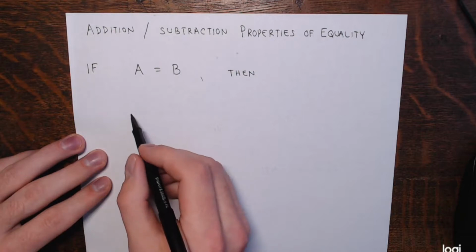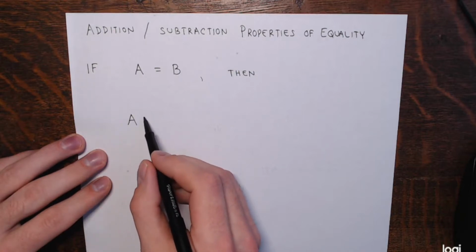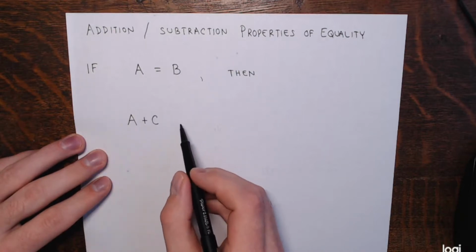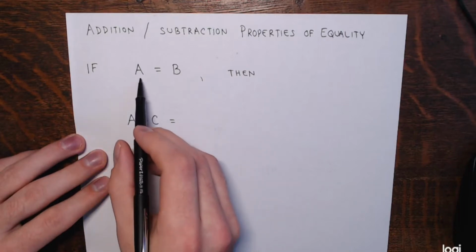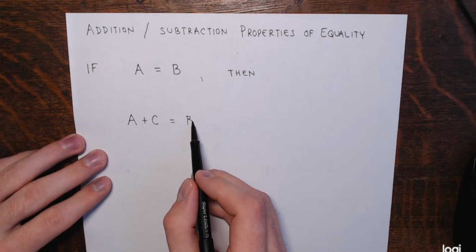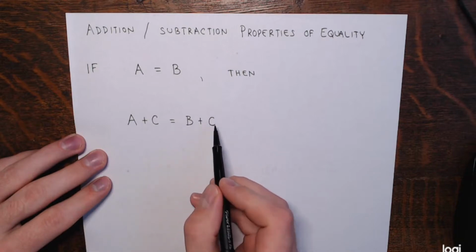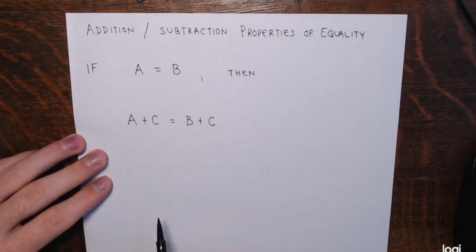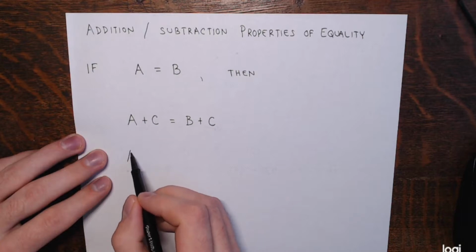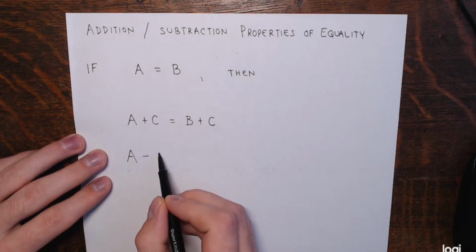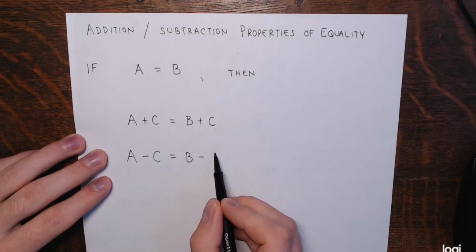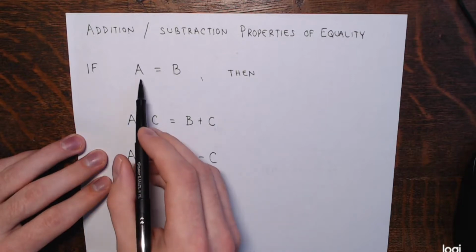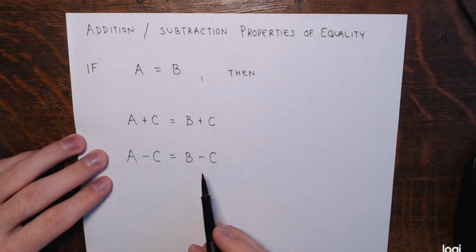So if A equals B, then A plus C, I add C to the left side to the A, I must do it to the right side as well, equals B plus C. Also, A minus C would be equal to B minus C. If you subtract a number C from the left side, you must also do it to the right side.